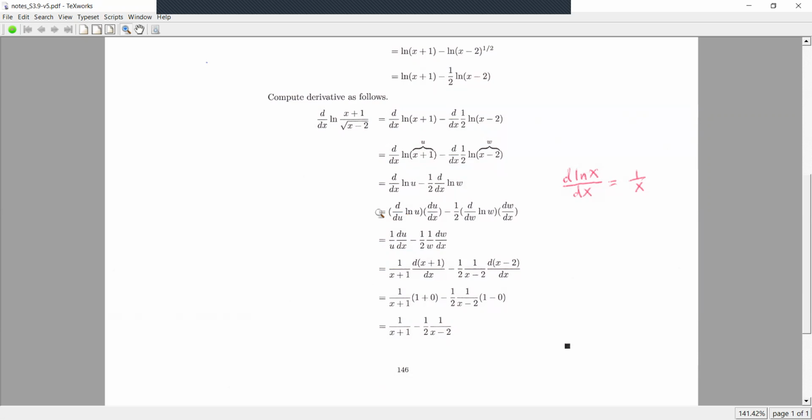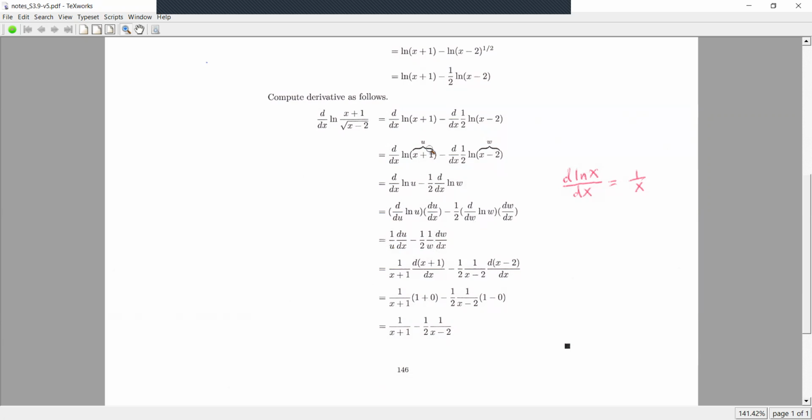Then I have this equation. The derivative of the natural log of u with respect to u is 1 over u. The derivative of the natural log of w with respect to w is 1 over w. Then I have this equation.